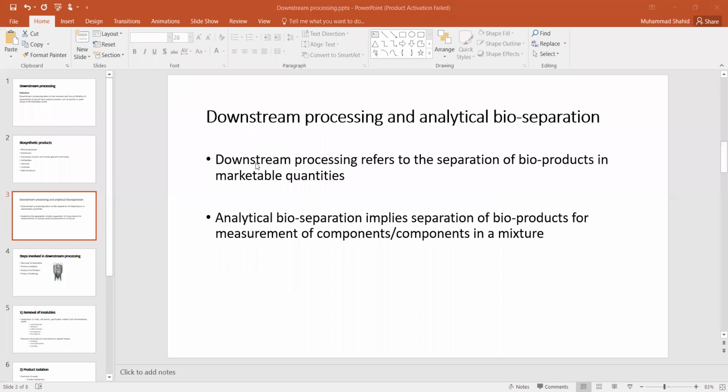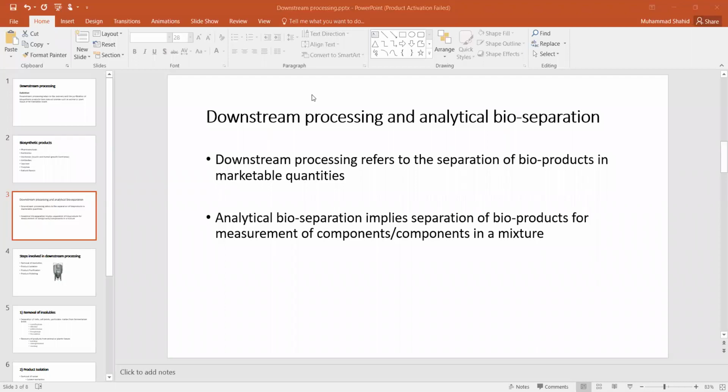Downstream processing refers to the separation of bioproducts in marketable quantities. So it means that when we produce our desired bioproducts in very huge quantities and we package them in order to market them, then it is called downstream processing.